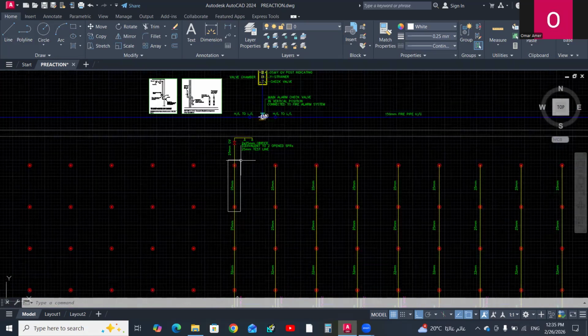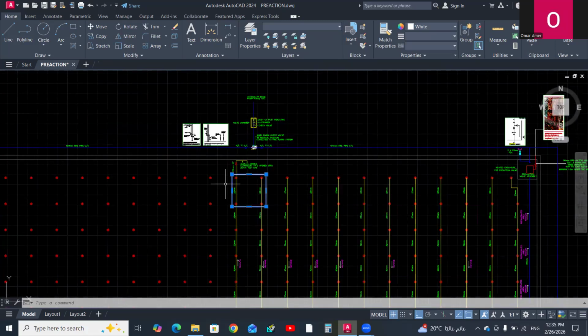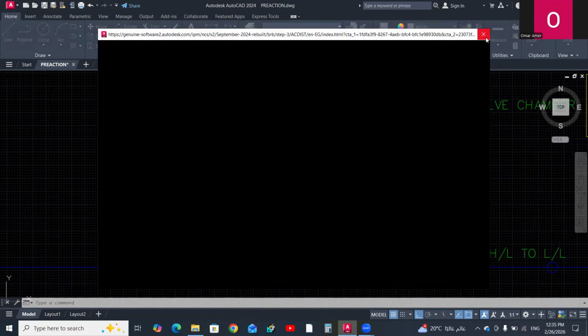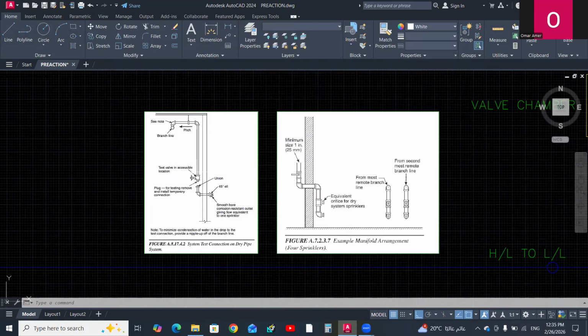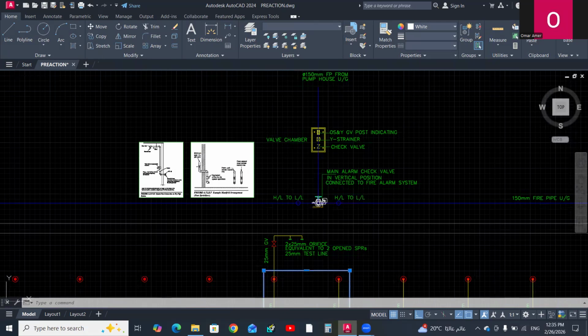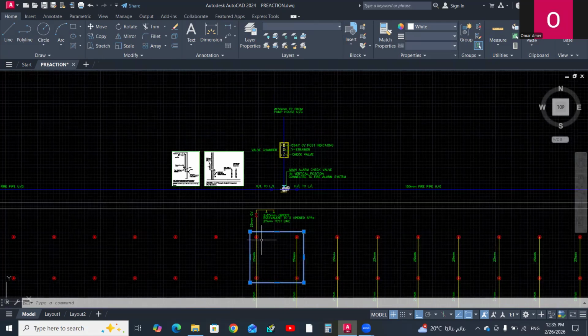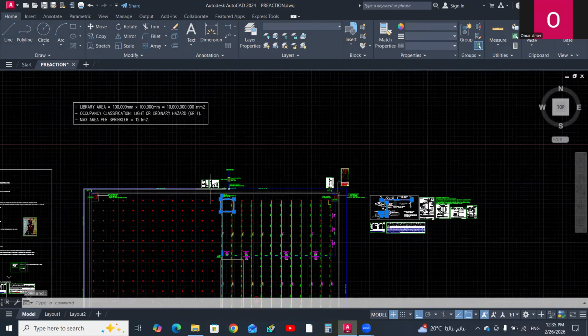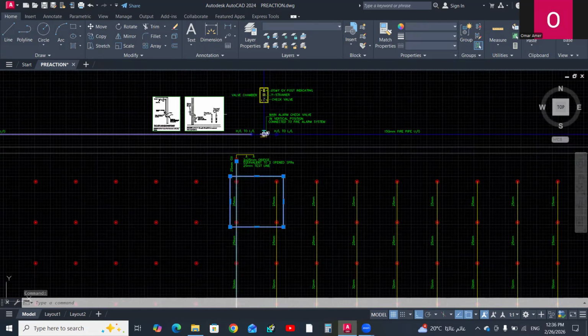And the drain connection has this configuration. The simulation will be for opened sprinklers, with water flowing from the test connection through 4 opened sprinklers. Here we can find the configuration from the most remote 2 sprinklers in the first remote branch line.